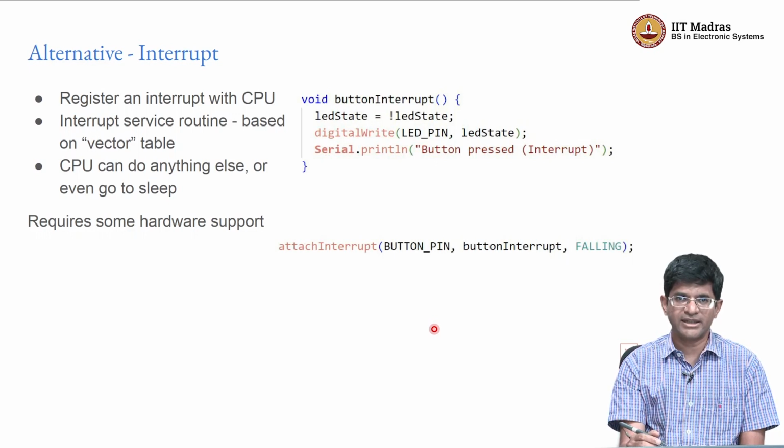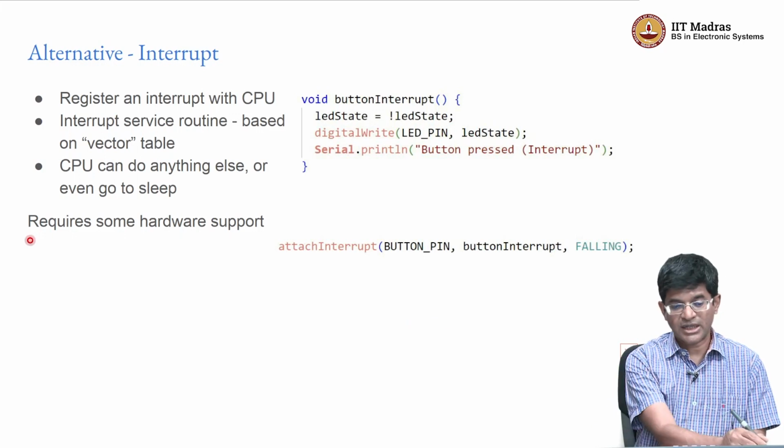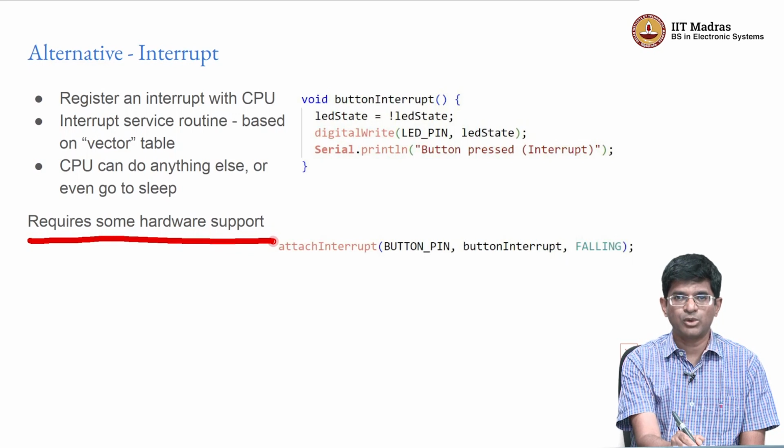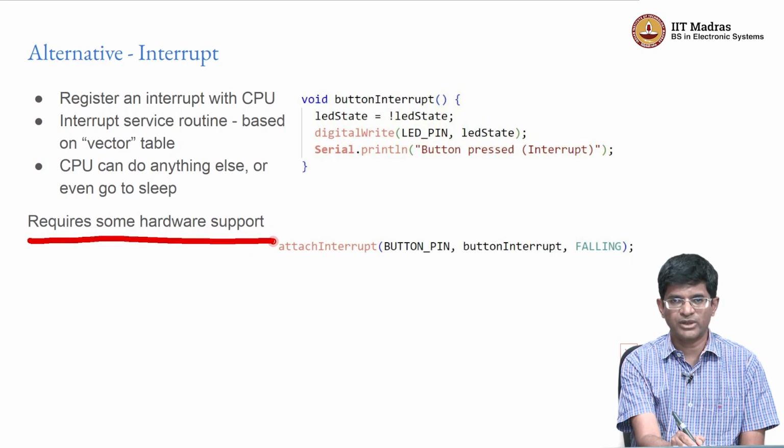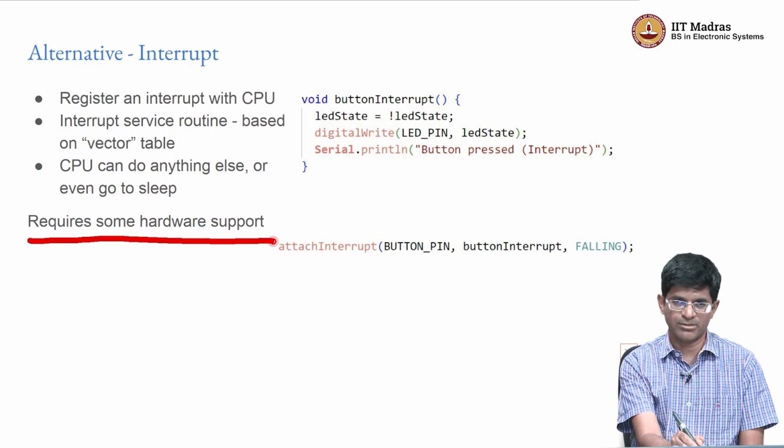And the only thing that really is required over there is some piece of circuitry that says when this interrupt happens, load a new value into the program counter, get the system back into operation, whereby it's actually going to put the program counter value as an address on the address bus, get the data from there and start executing instructions. Okay. Of course, you can't do this without actually having hardware support, which means that if your hardware for whatever reason does not support interrupts, then you cannot use this approach.